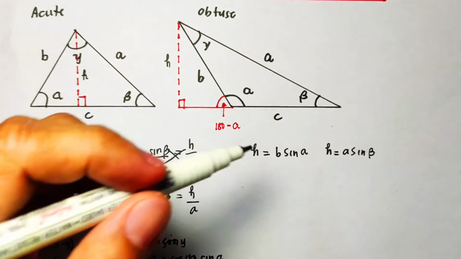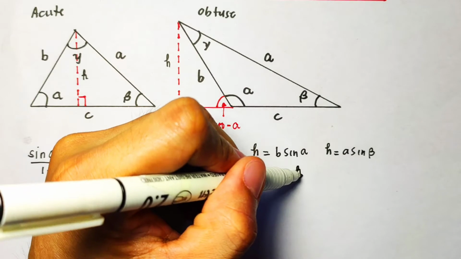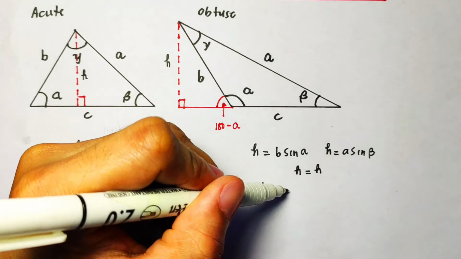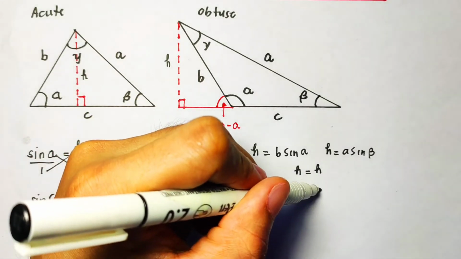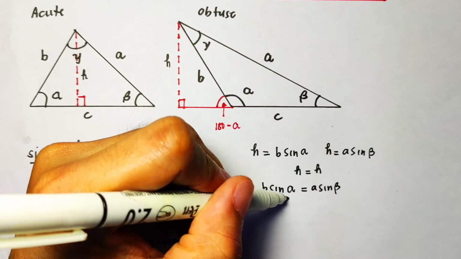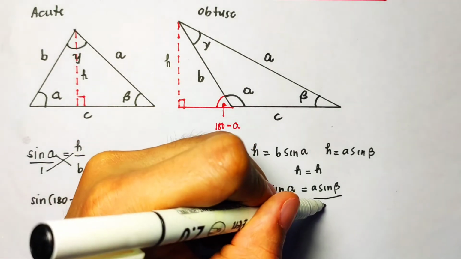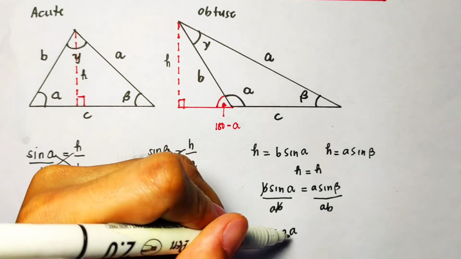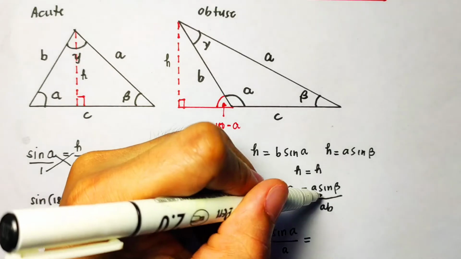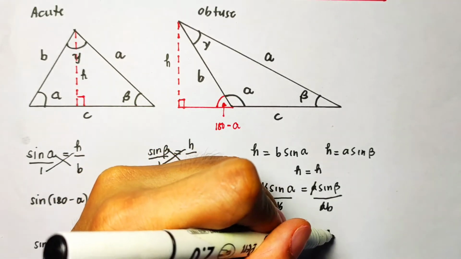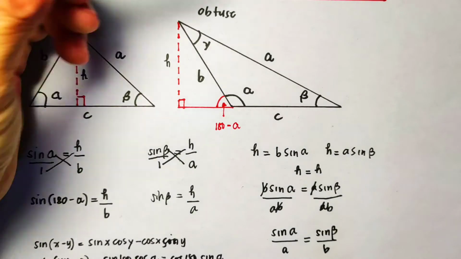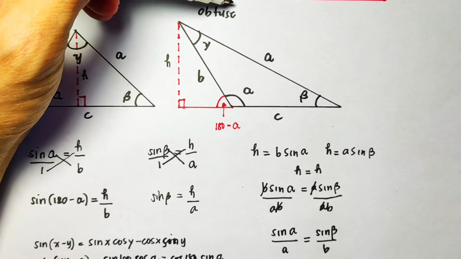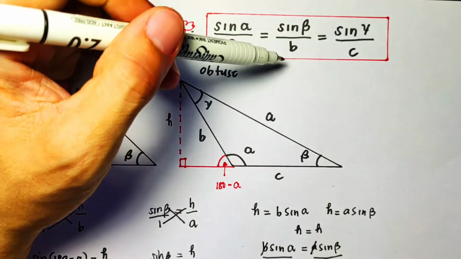Okay, so since h is equal to h, therefore we can say that b sine alpha equals a sine beta. And dividing both sides by ab, we will cancel this b and we get sine alpha over a is equal to, cancel this, sine beta over b. So we get the two ratios, sine alpha over a and sine beta over b.